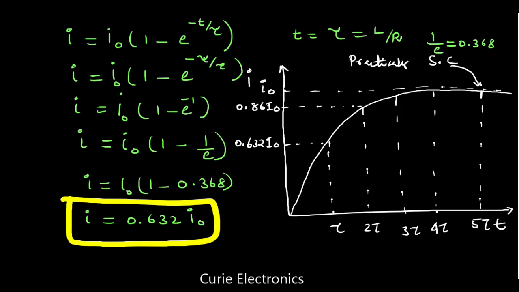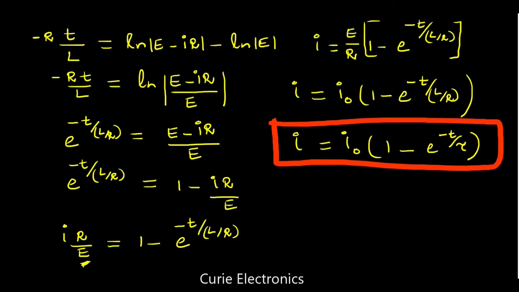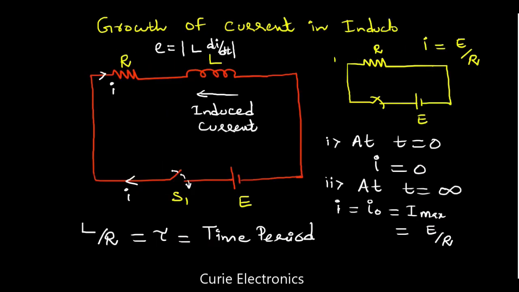So in one time period, tau equals L by R, the current grows to 63% of the maximum value of the circuit current. I hope you got the basic idea about the inductor and how to derive the equation.